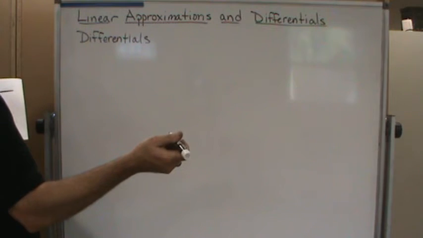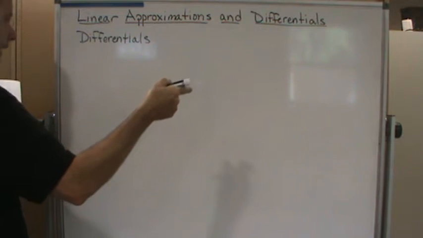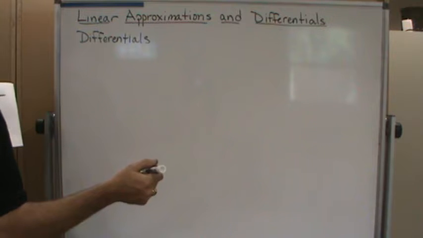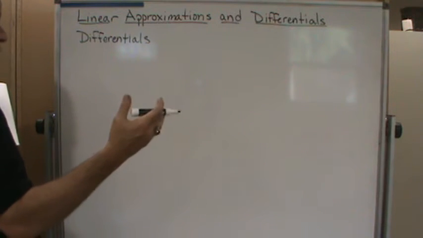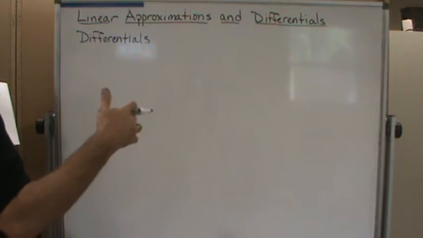We've talked about this before. Now suppose the input x changes by a really small amount. Then we're interested in how much y changes from a.